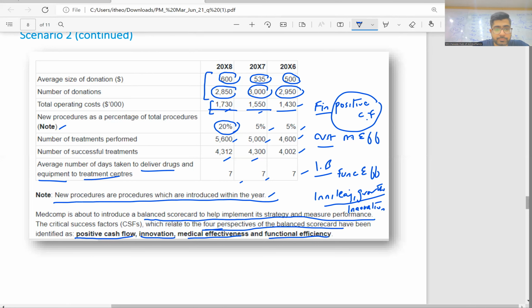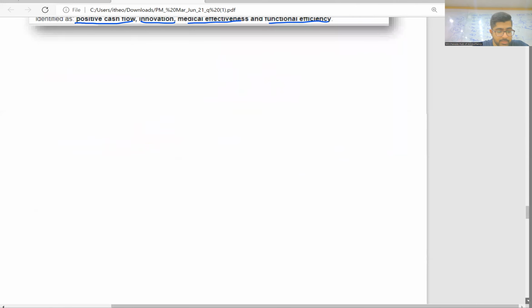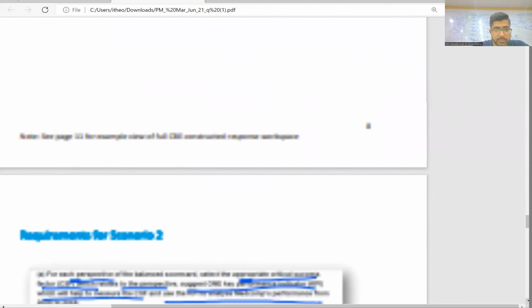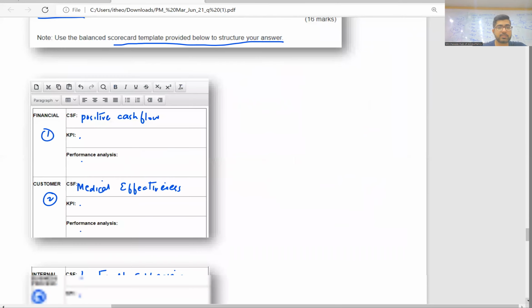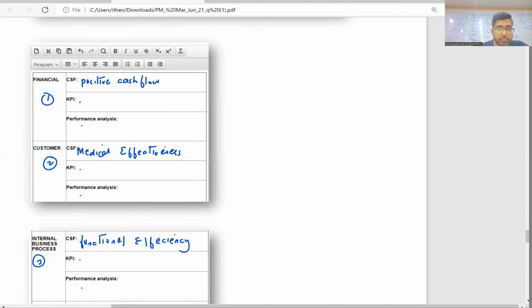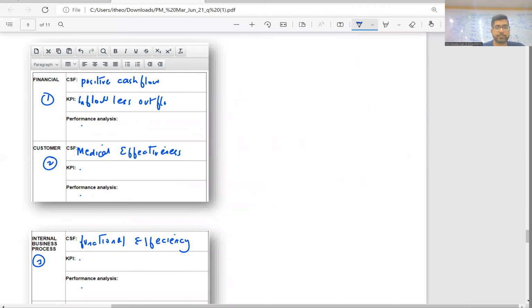So some things are very easy. You have written that the critical success factor for financial is positive cash flow. So what will be the indicator to measure the CSF, to measure positive cash flow? Inflow, donation, less outflow. Okay.